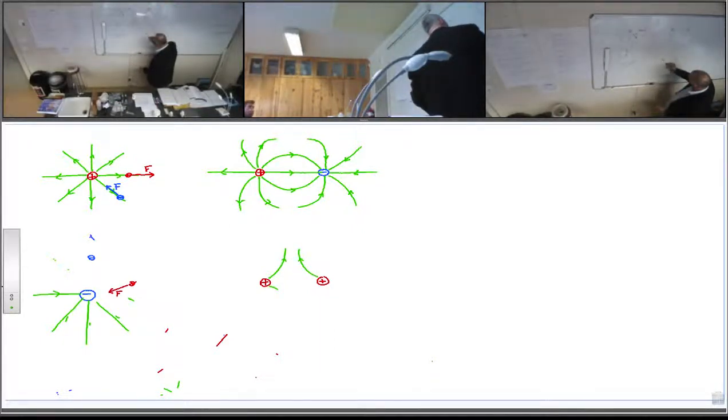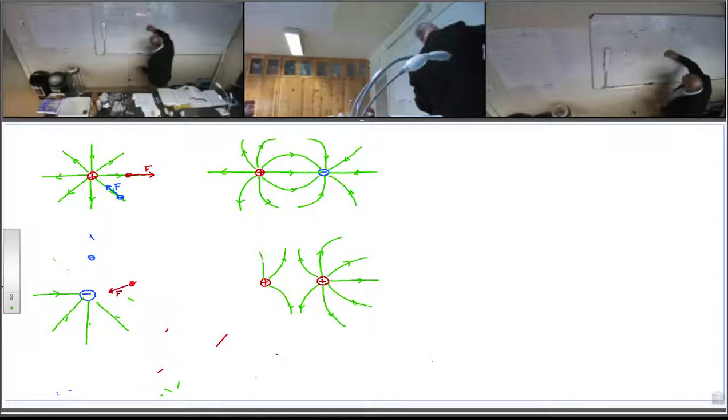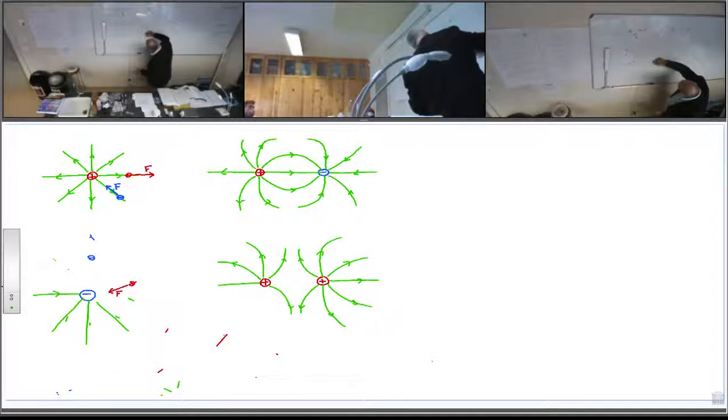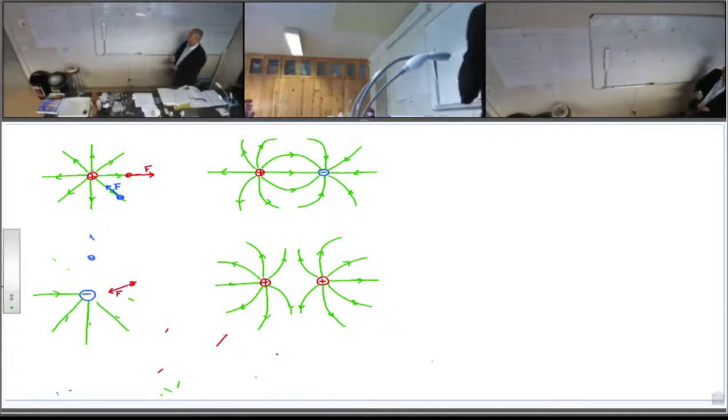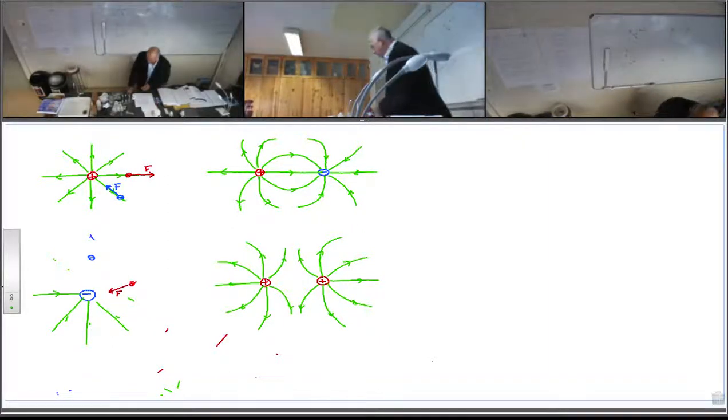Same with these two that are coming out at 45 degrees. Happy with that?